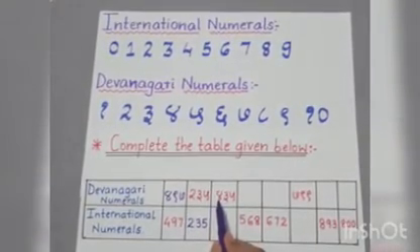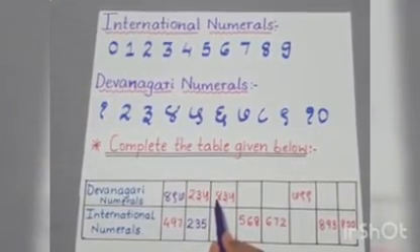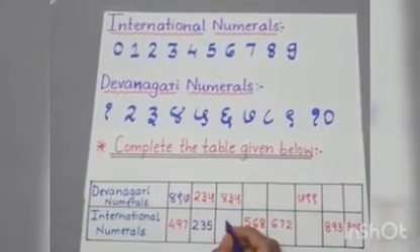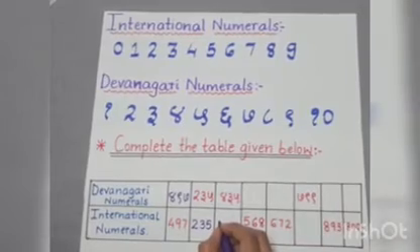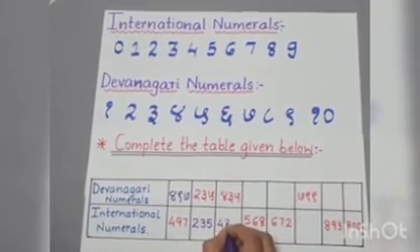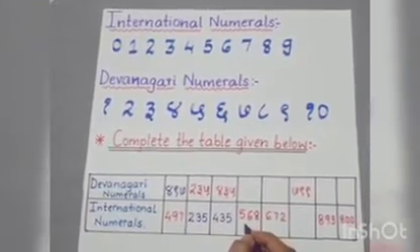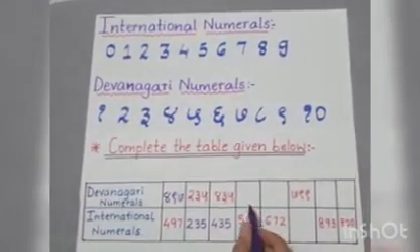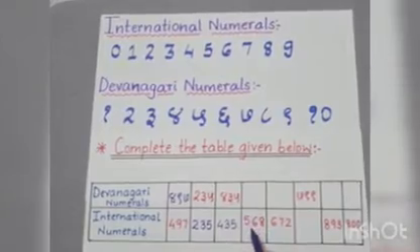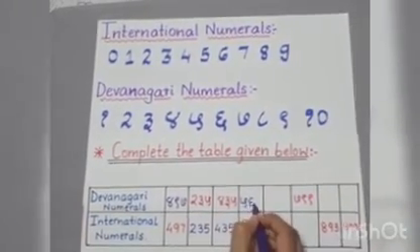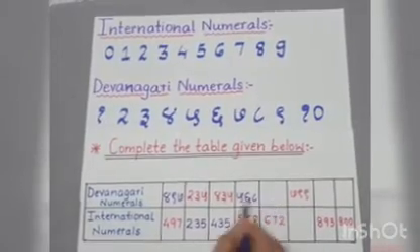Now again I have been given as in Devanagari numeral 4, 3 and 5. So I have to write it in international. So I'll write as 4, 3 and 5. Now number is given in international. I have to write in Devanagari. So how I will write? I'll write 5, 6 and 8.